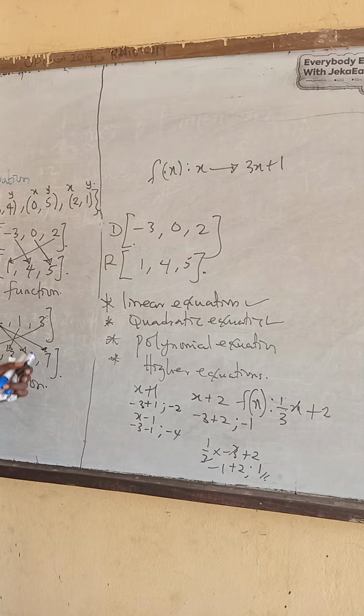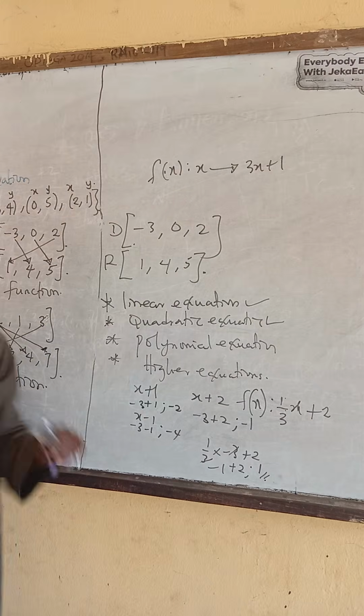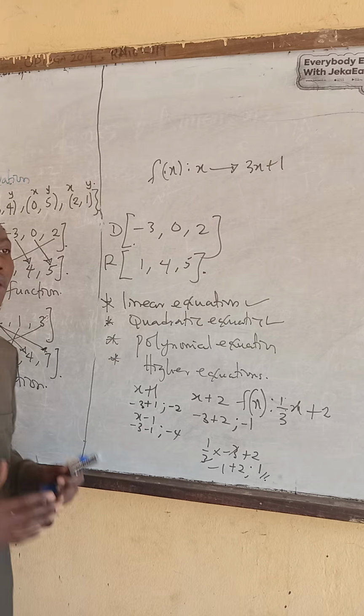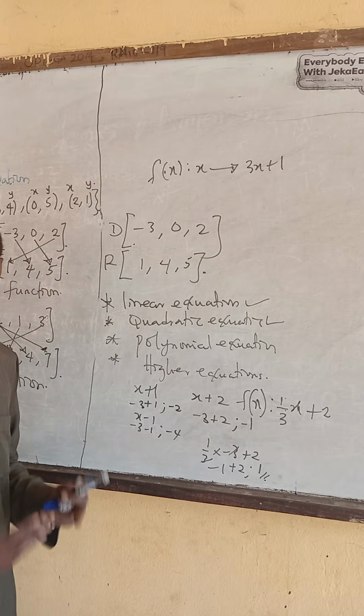You get? So it actually comes from all this. All those questions that you always see like that is a mapping, because it already has an assigned rule which is linear. Some question might come in quadratic, some in polynomial. You understand? So in short, a mapping is a function that has a mathematical rule.